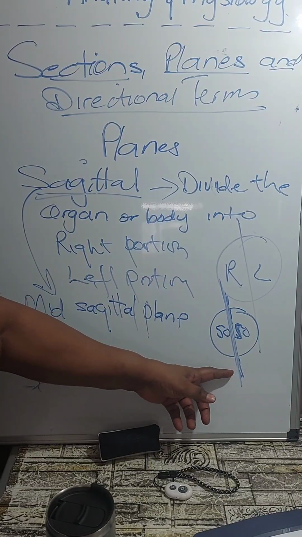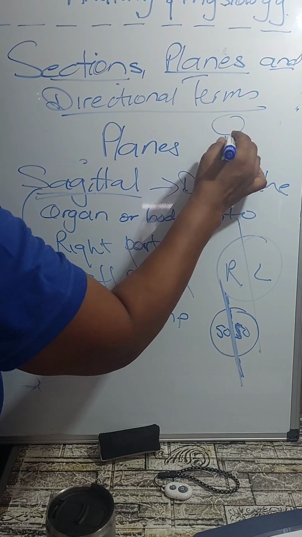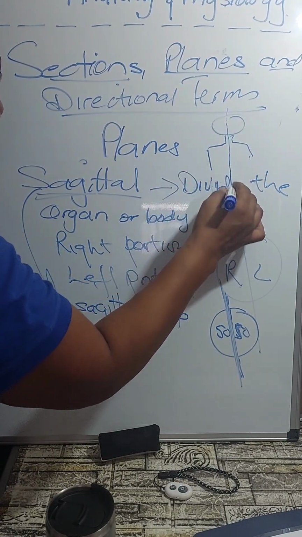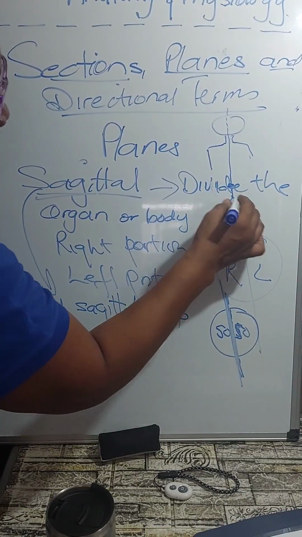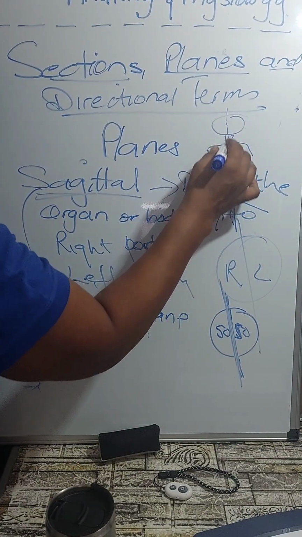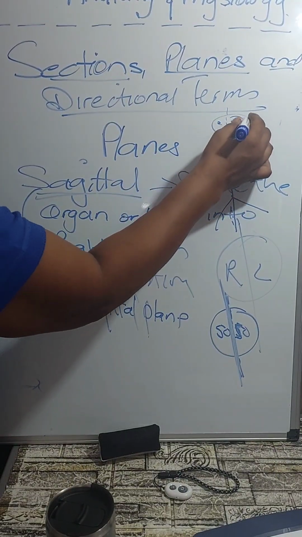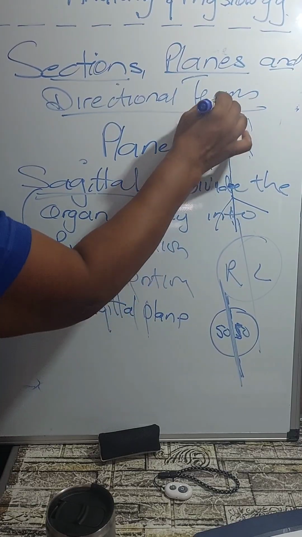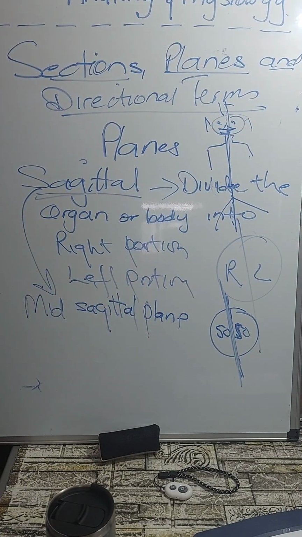It means a 50-50, right and left, in equal portions. So if you have the body, I can draw in equal portion, right down across your navel. One leg over this side, one over this side. So half and half, they want it. One eye on each side, one ear on each side, a piece of your nose on each side, a piece of the mouth on each side. And you cut it 50-50. That would be a mid-sagittal plane.